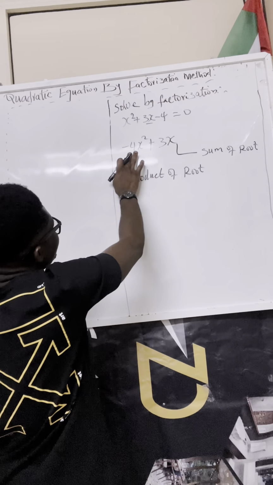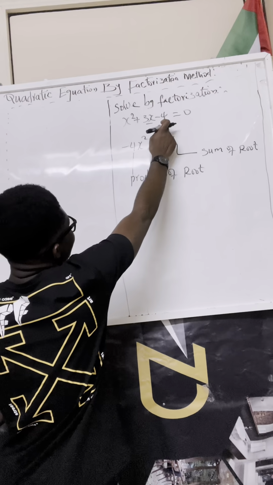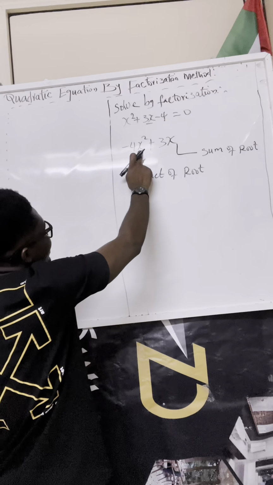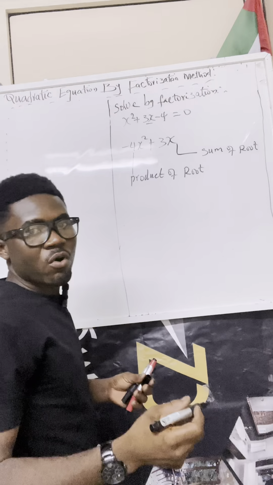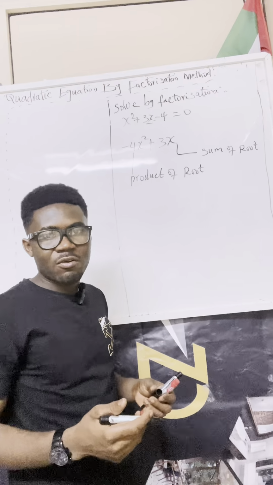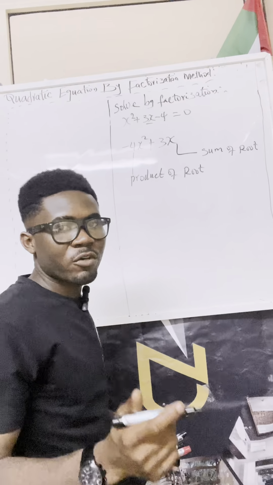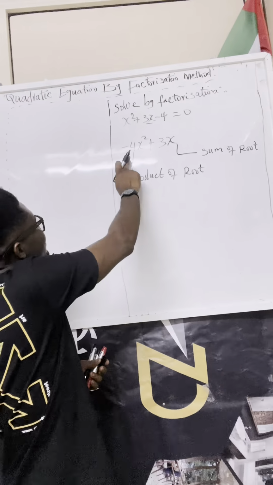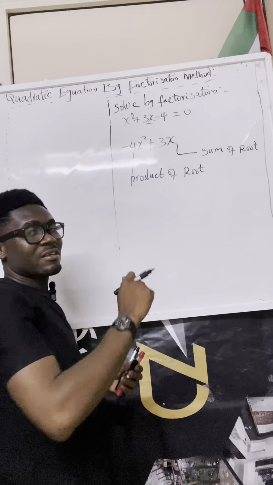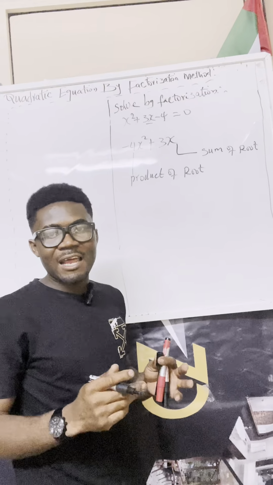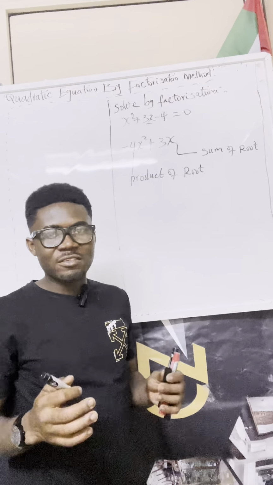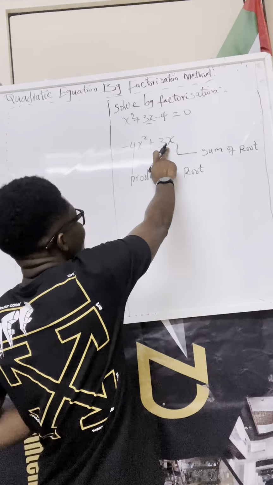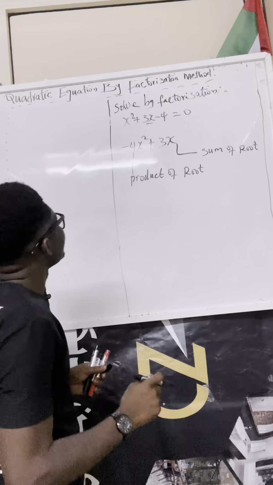So the next thing you need to do now, because the coefficient of x squared and the constant gave us, because we multiply this one by this, minus 4x squared plus 3x, you now ask yourself: what are the two numbers that, when you multiply them together, give minus 4x squared, and when you add them together, give 3x?